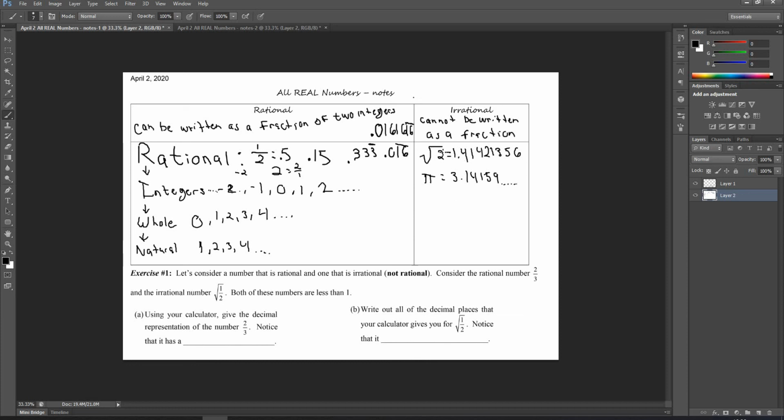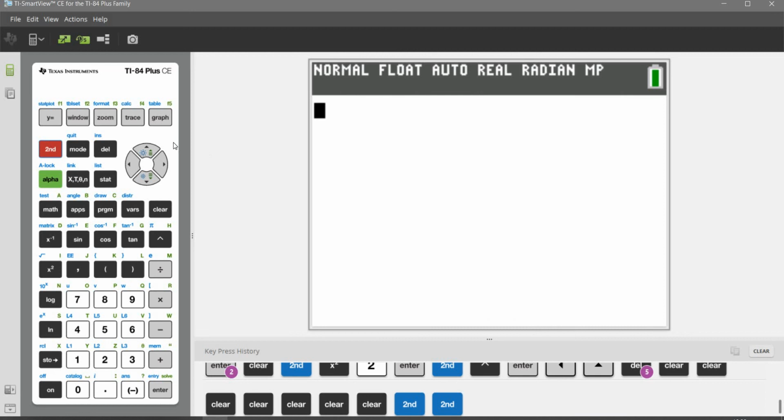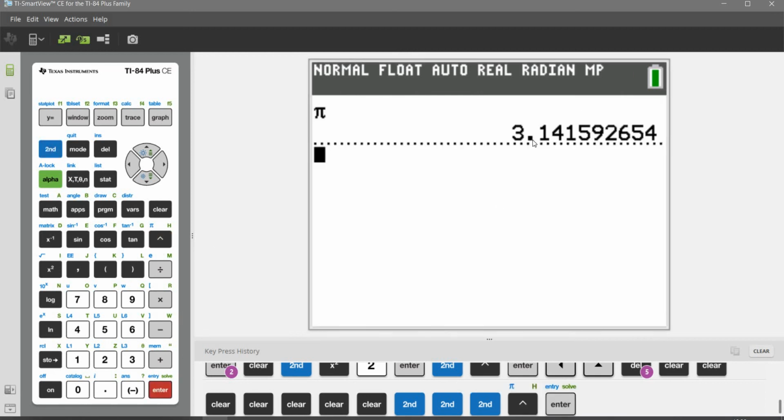On your calculator there's also the lowercase e, that's also an irrational number. So if we go over to the calculator, we got second, here's pi. So it's 3.141592654. No, there's no repetition here. And then same with that second e.